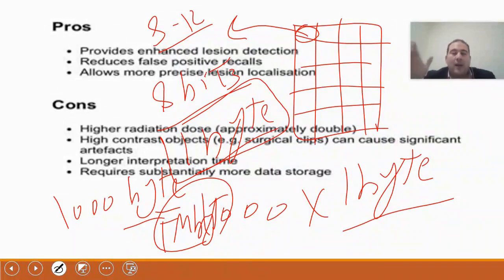If you need to know how many cases this hard drive can store, you can divide the terabyte by the number of megabytes per case, which will give you the number of patients you can store on the hard disk. This is a simple but important calculation. Sometimes you might work on a machine and find that it says full capacity, and you will have to delete everything.